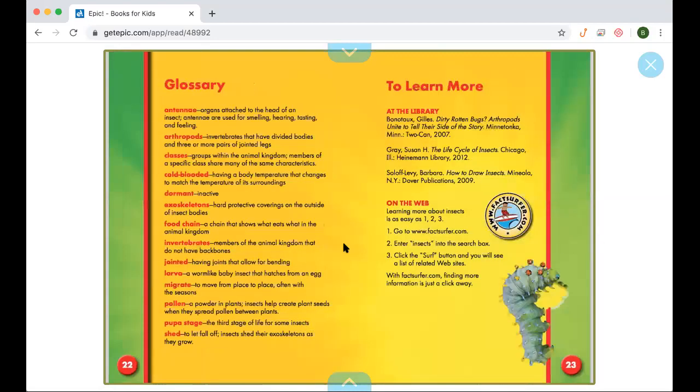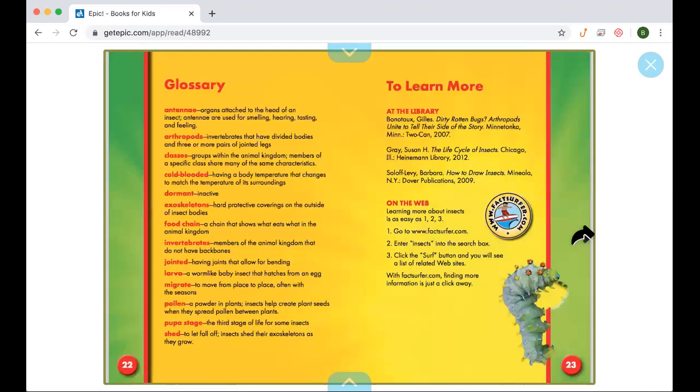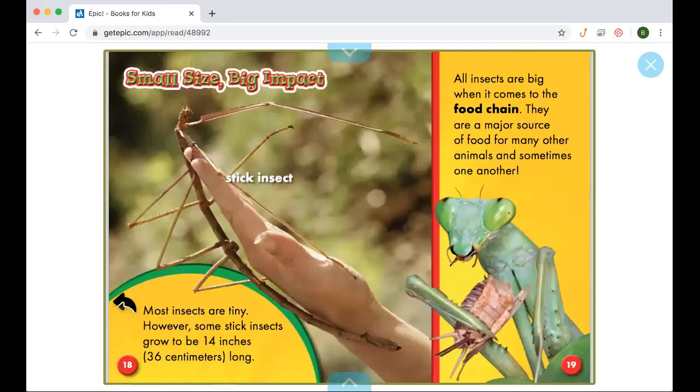Larva means a worm-like baby insect that hatches from an egg. That's still when it's a baby after it's hatched from the egg. Some insects also have a pupa stage. A pupa goes into hiding as it changes from a larva to an adult. So let's see what pupa means. Pupa is the 3rd stage of life for some insects.